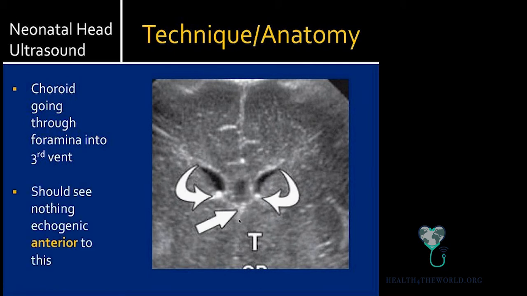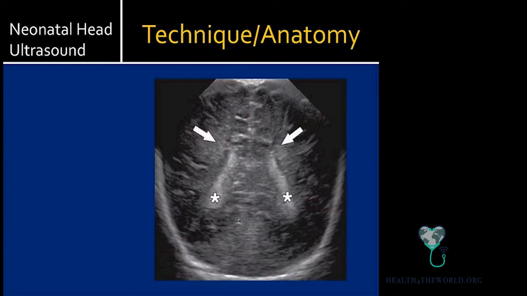And anterior to that in a coronal plane, we shouldn't see anything bright or echogenic. That's how we know what normal looks like.